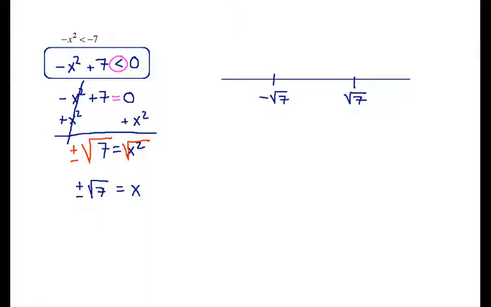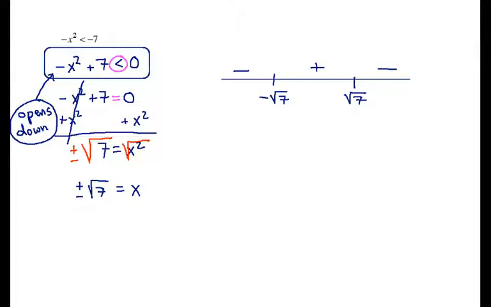I can't look at two different forms because there's some danger that they won't be consistent with one another. This is a parabola that opens down. So I can just use that information to mark up these intervals. If it opens down, it has to go minus, plus, minus.